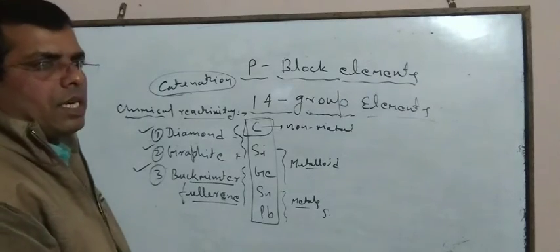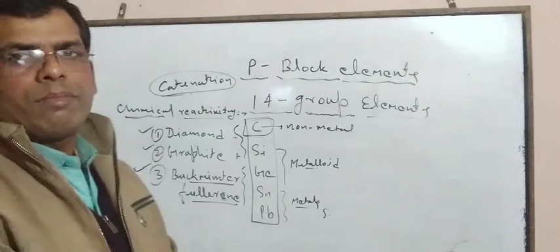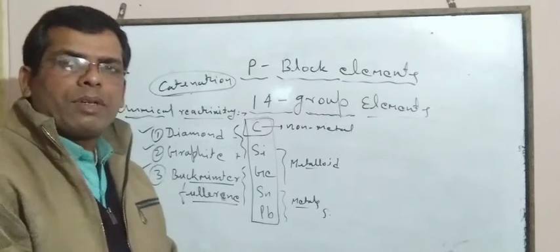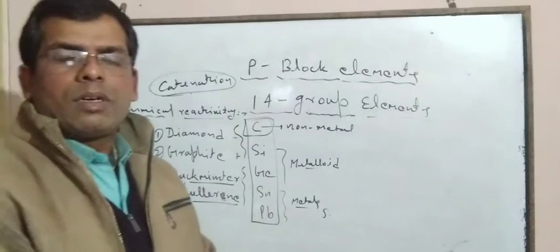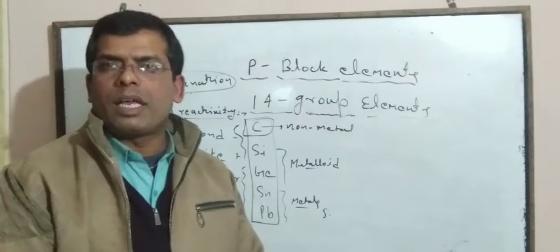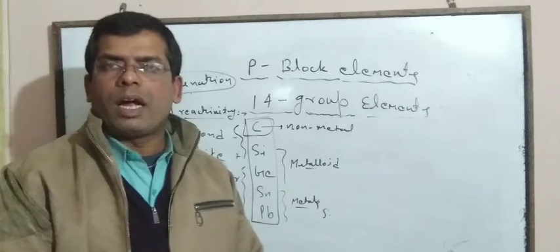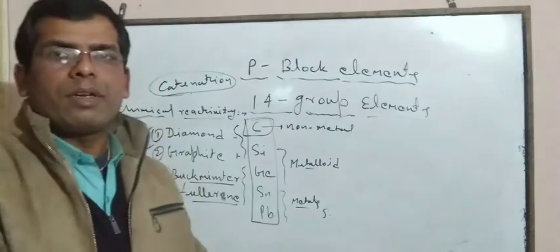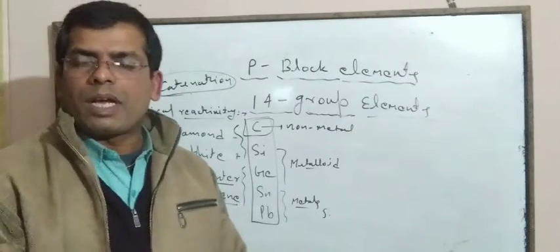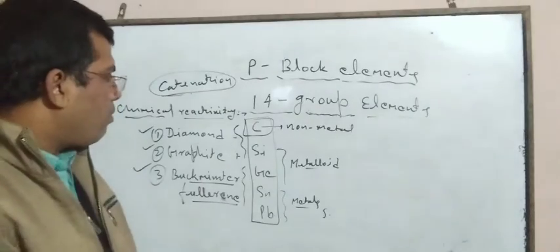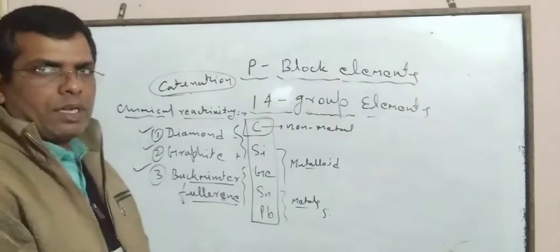Graphite is present in hexagonal sheet form, in which each carbon is connected to three other carbon atoms in a hexagonal manner, and one electron of each carbon is not shared by any other carbon atom, and that is the carrier of electrical conductivity.